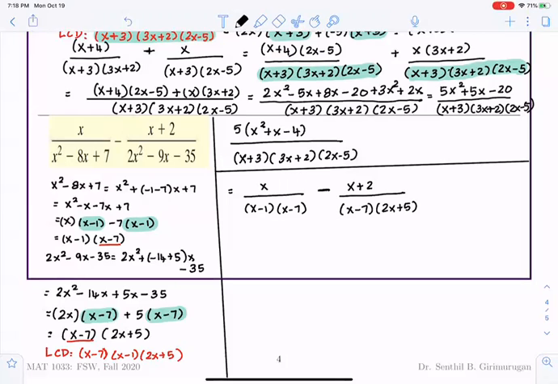Now we have to multiply and divide each fraction by an appropriate factor so that we end up getting the least common denominator between the two rational expressions. Then we can combine the numerator and simplify. Okay, so we have two denominators and they don't look alike.